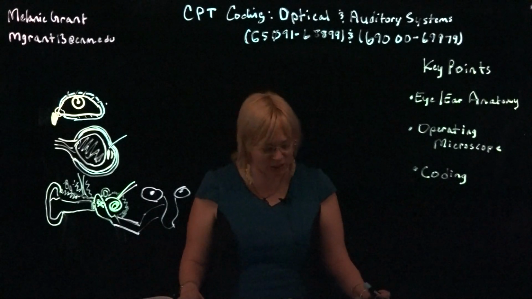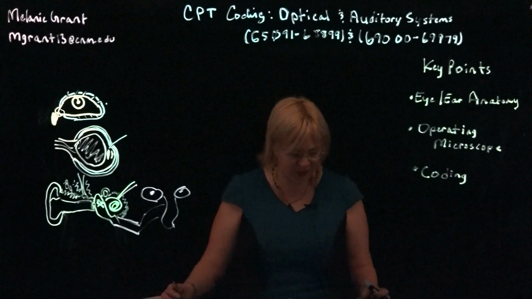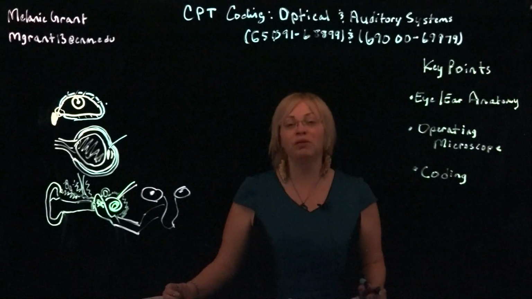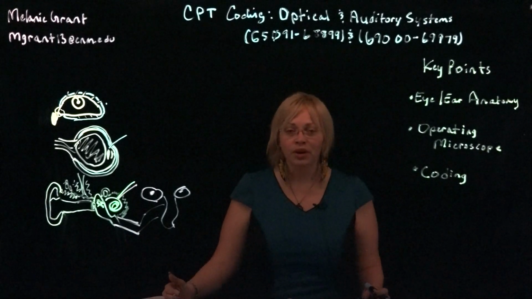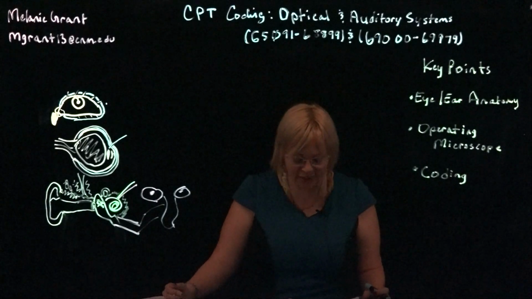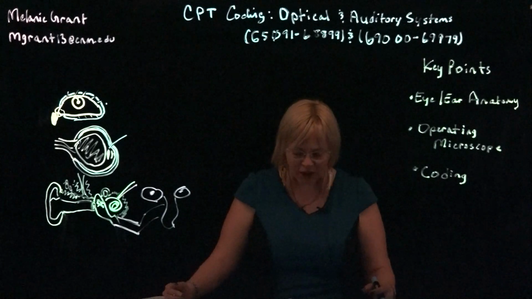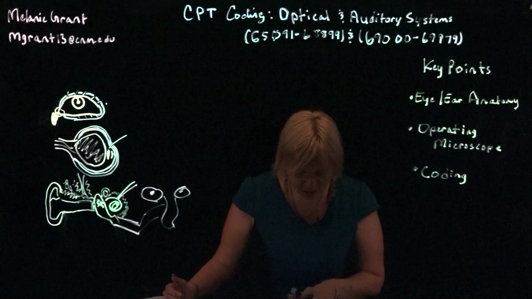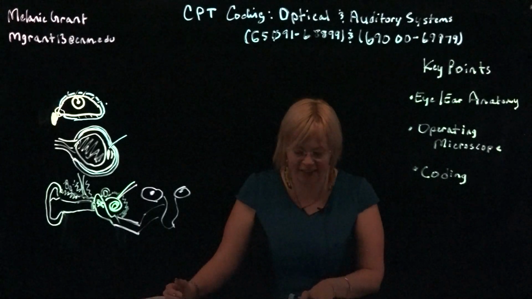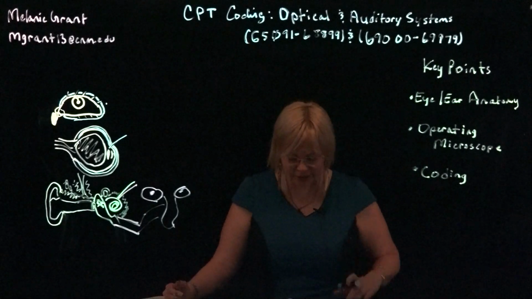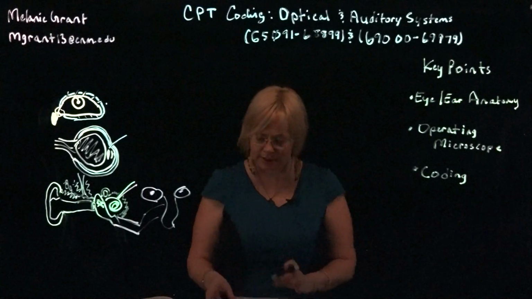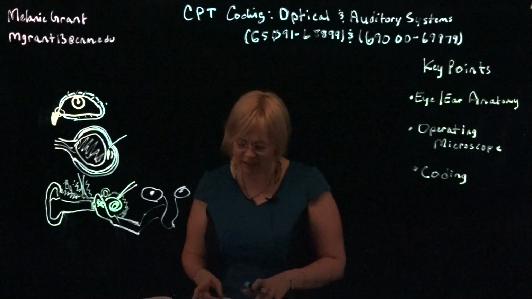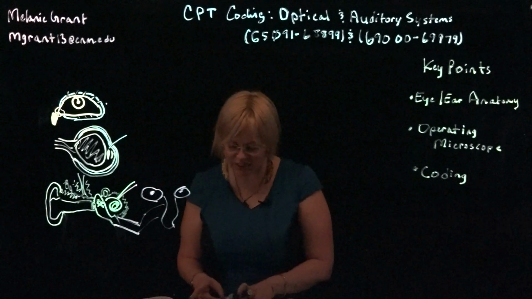If we look on page 445 at the table of contents for our CPT coding, we can see that this is going to be categorized by the eye and ocular adnexa, with the headings of eyeball, anterior and posterior segments, ocular adnexa, and conjunctiva.